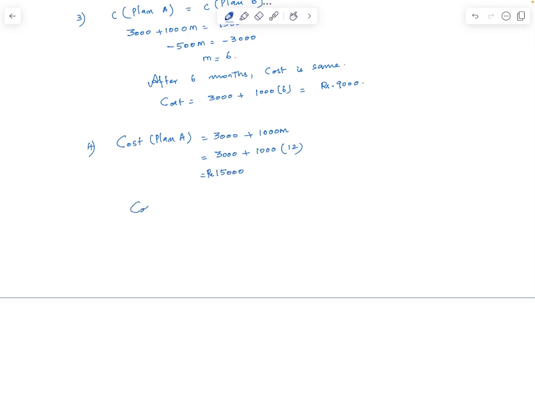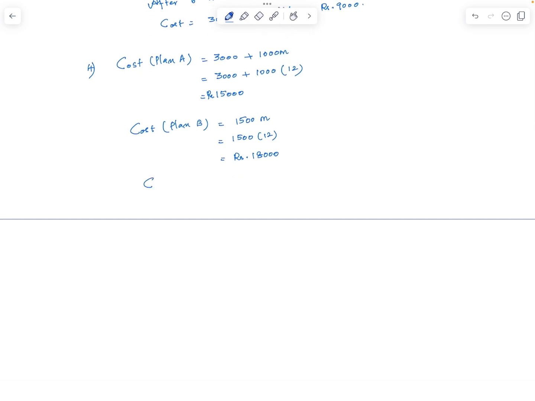The cost for Plan B is 1500 M, 1500 times 12, which is rupees 18,000.